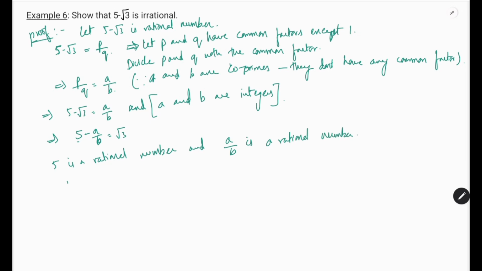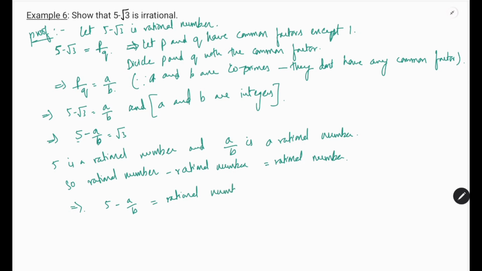So rational number minus rational number is equal to a rational number. Okay, so 5 minus a by b is a rational number. But 5 minus a by b is equal to root 3.